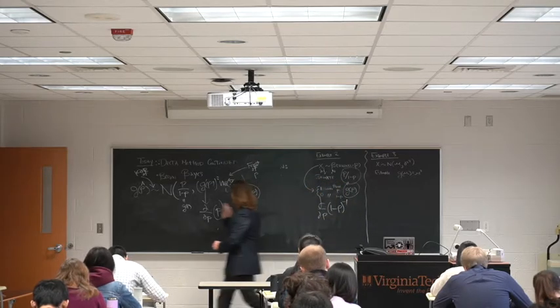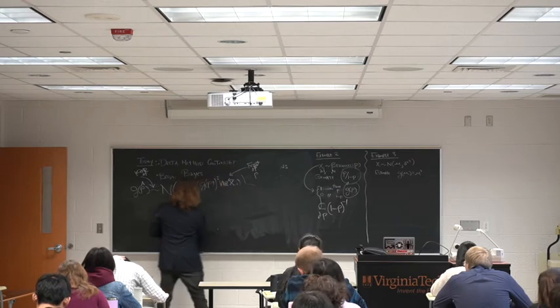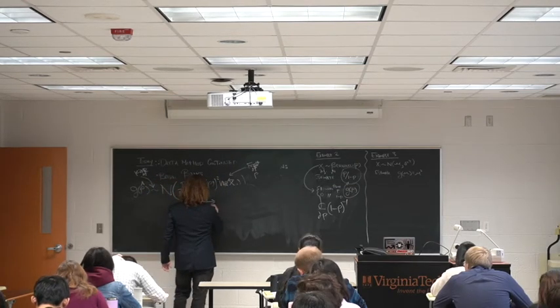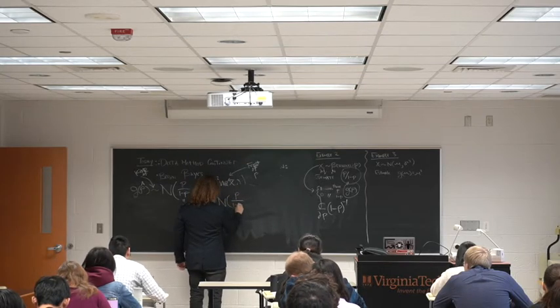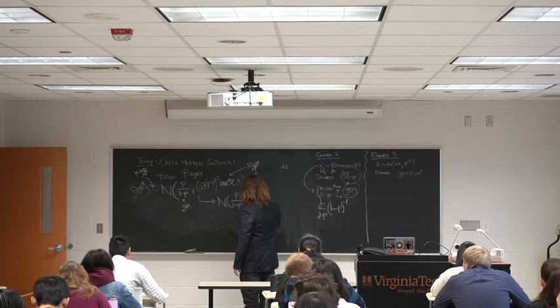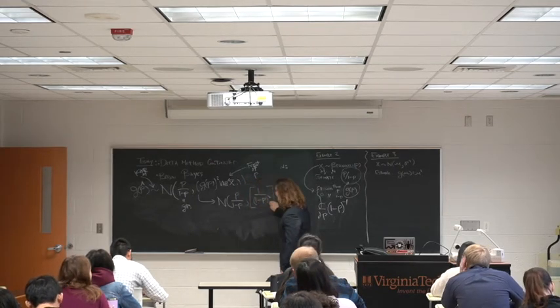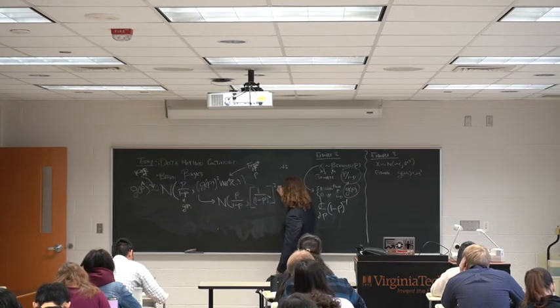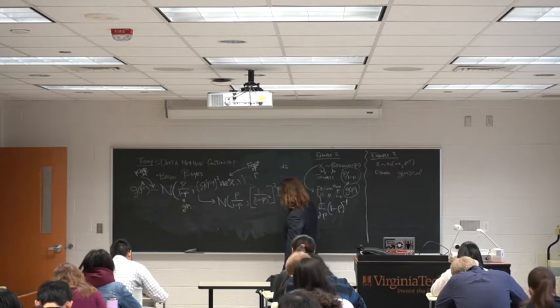So let's write down what we've got. So this whole thing is normal, p over (1 minus p), 1 over (1 minus p) squared, squared again, and then times p(1 minus p) over n.